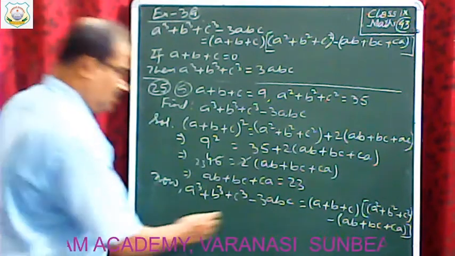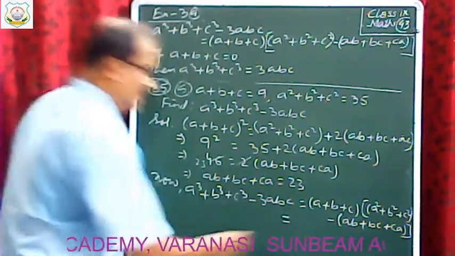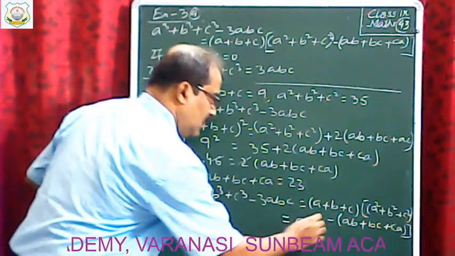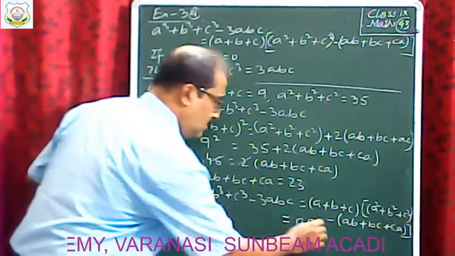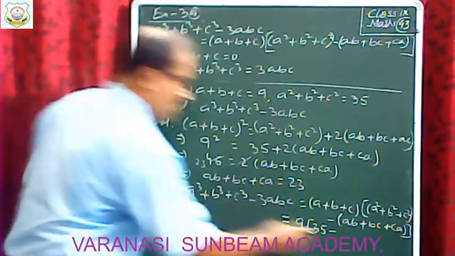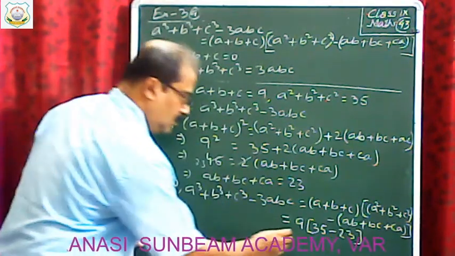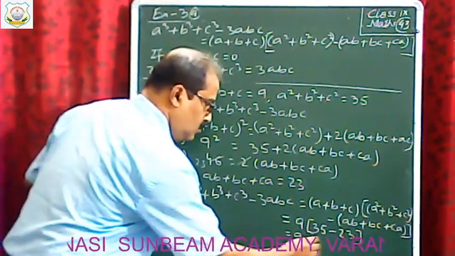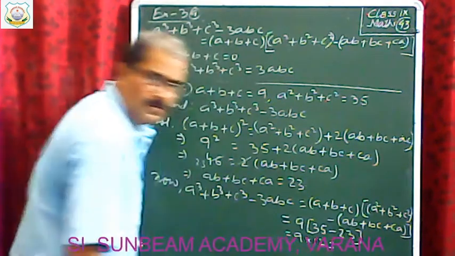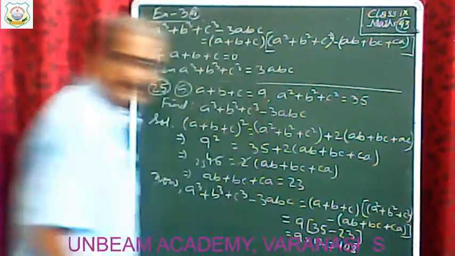Thereafter you put the values. A plus b plus c, you have 9. A square plus b square plus c square we have 35, and minus ab plus bc plus ca we get 23. So finally 9 into 12 equal to 108. Very good.